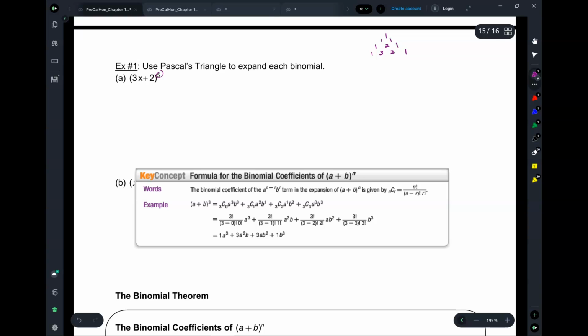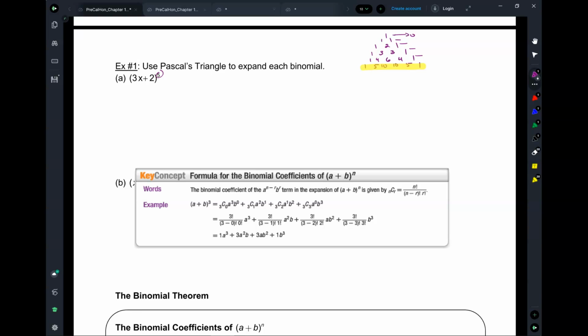So this is n equals 1, 2, 3, 4 right now. 1, 4, 6, 4, 1. You start from 0. We've got to go one more. Okay, so those are the ones here.